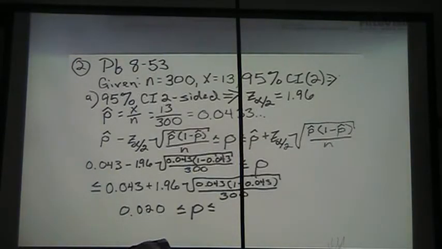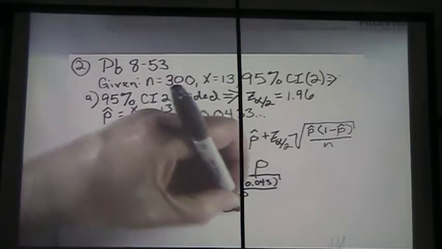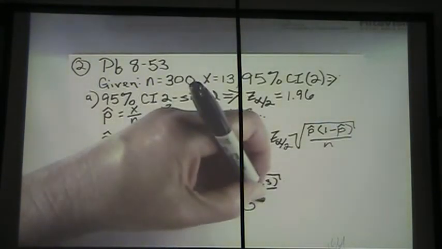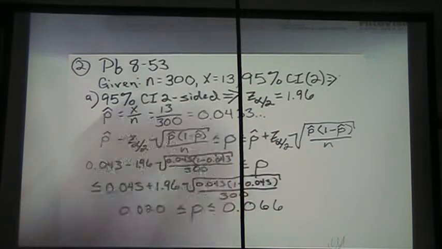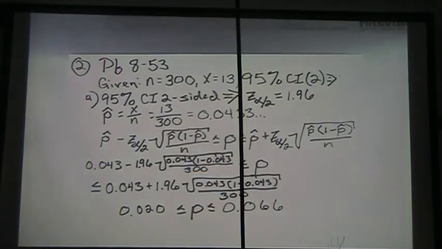In this case, I went ahead and clicked on my calculation of p hat to put that in. All right, so that fixes all my numbers. So my upper boundary of my proportion becomes 0.066.